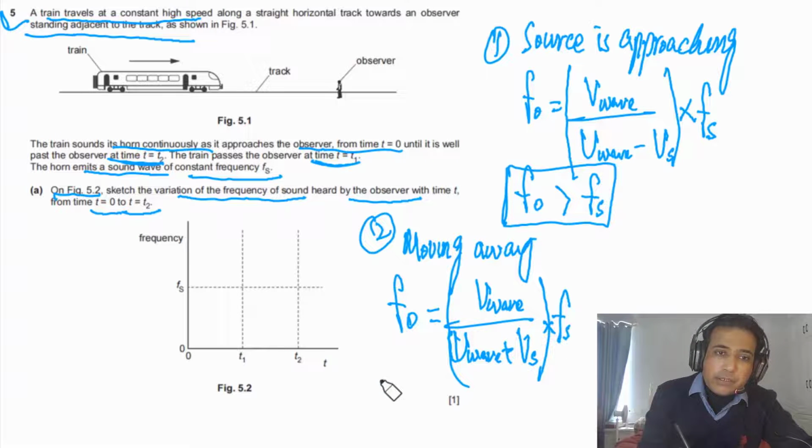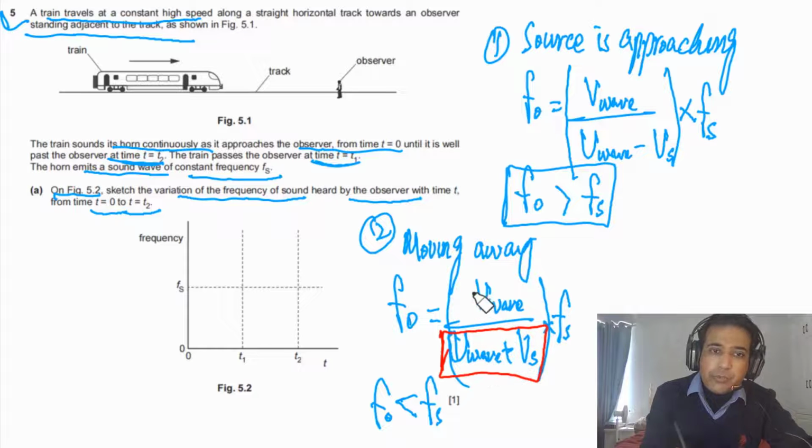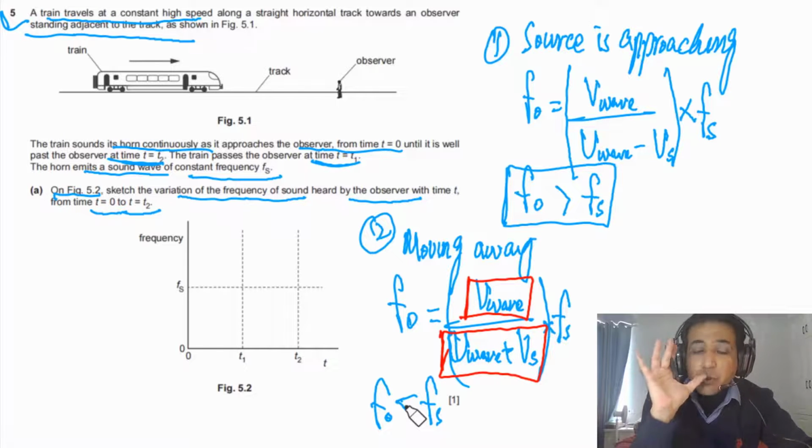So in this case, the observed frequency will be lower than the frequency of the source, because the denominator is greater than the numerator. And if the speed is constant, the observed frequency will be constant.